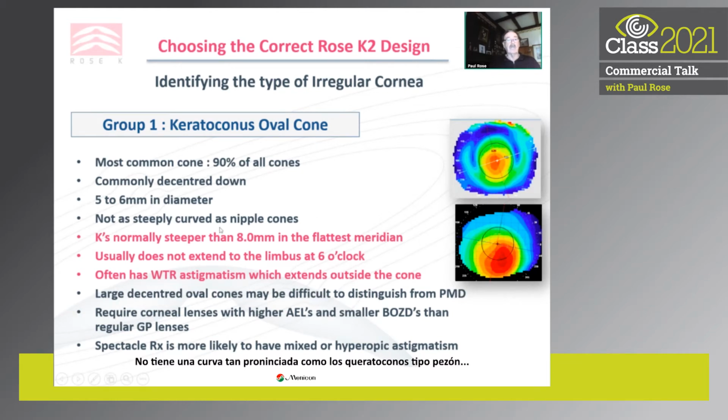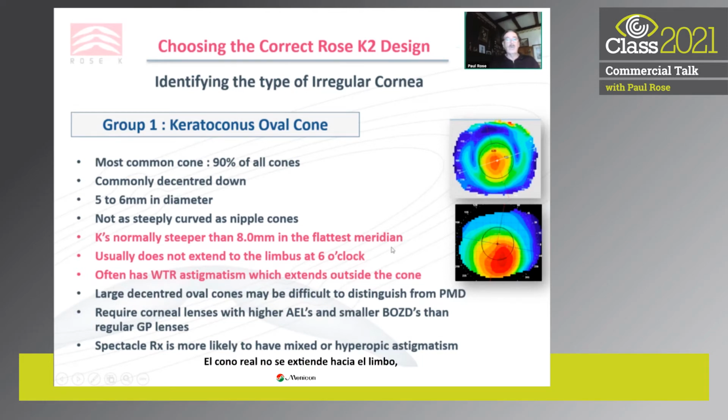It is not as steeply curved as nipple cones. And the things I've outlined in red or in pink here are the distinguishing factors, particularly so you can distinguish it easily from pellucid. The Ks are normally steeper than 8.0 in the flattest meridian, whereas in pellucid they are very commonly flatter than 8.0.